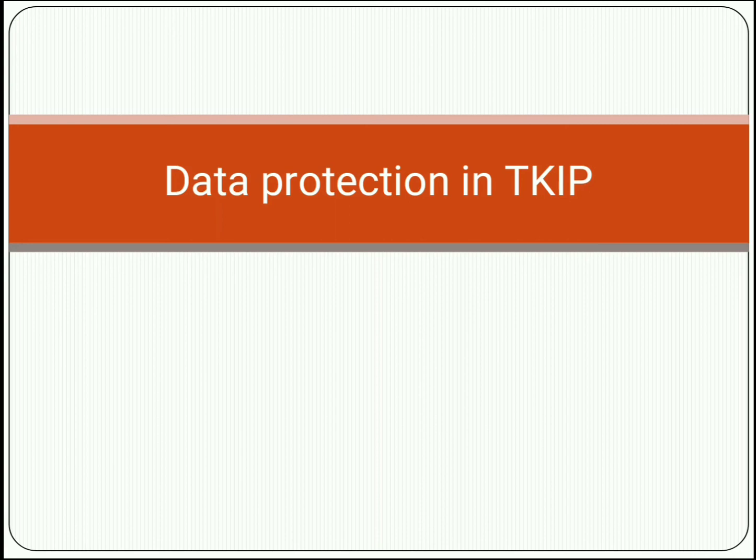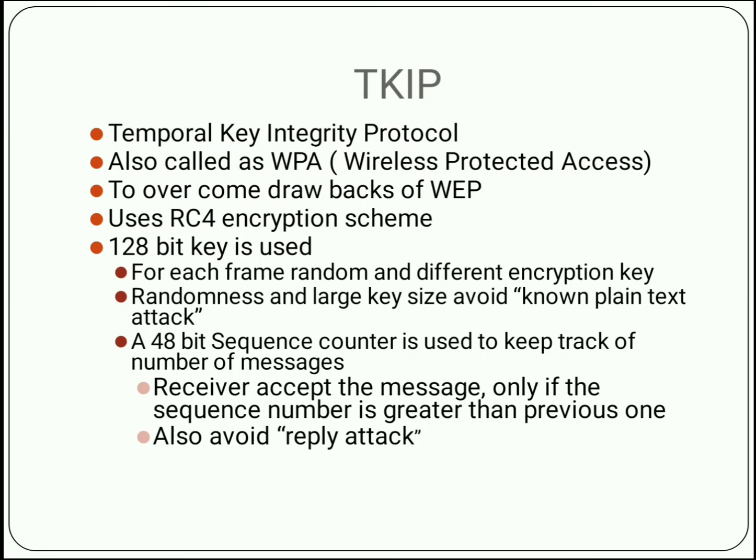Now we are going to discuss WPA. We have already discussed the WEP methods, but I've told you that even though authentication, confidentiality and integrity methods were implemented in WEP, it was not successful, and most of the methods have failed. So a new data protection method started to be built, which is WPA, wireless protected access.